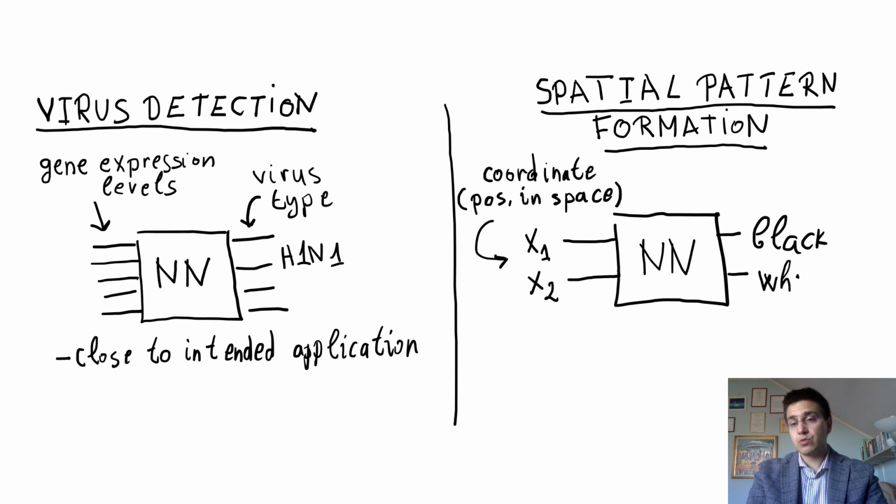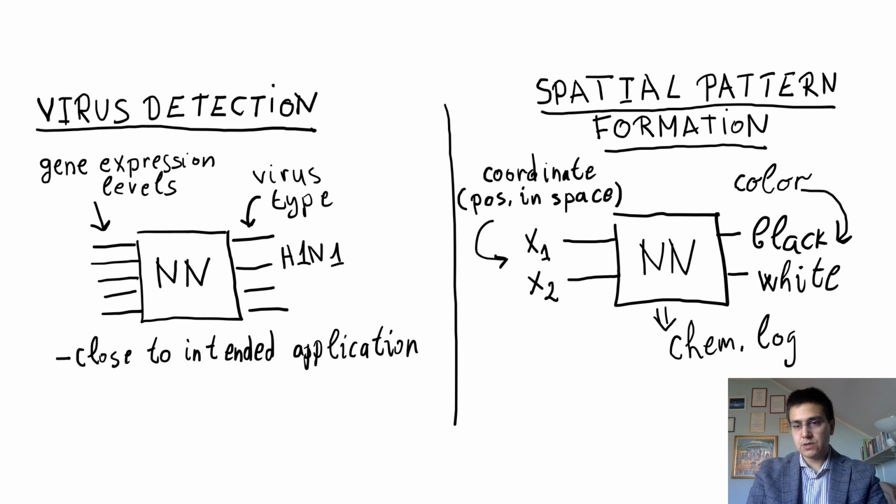And it's trained to produce color. In this way, you can train a neural network to effectively learn a pattern. Based on the position, it will say what the color is there. We translate this to chemical logic and then show via simulations and proof that the behavior is equivalent to the neural network.